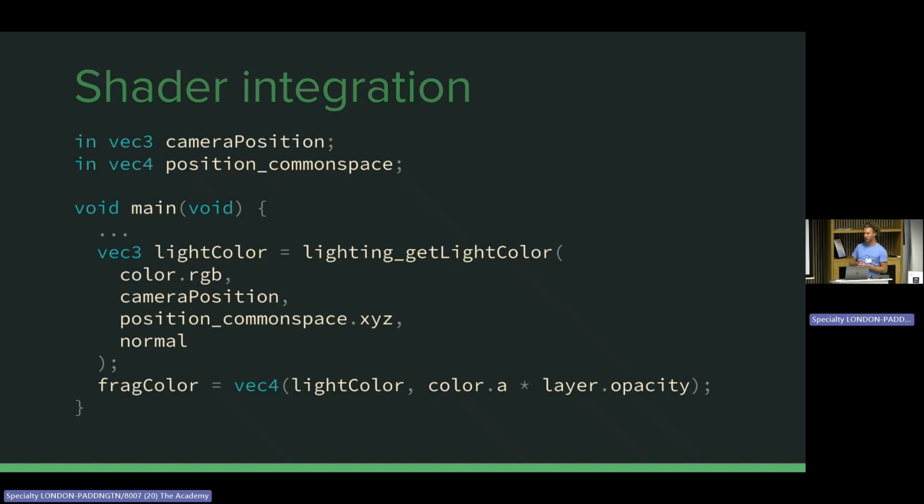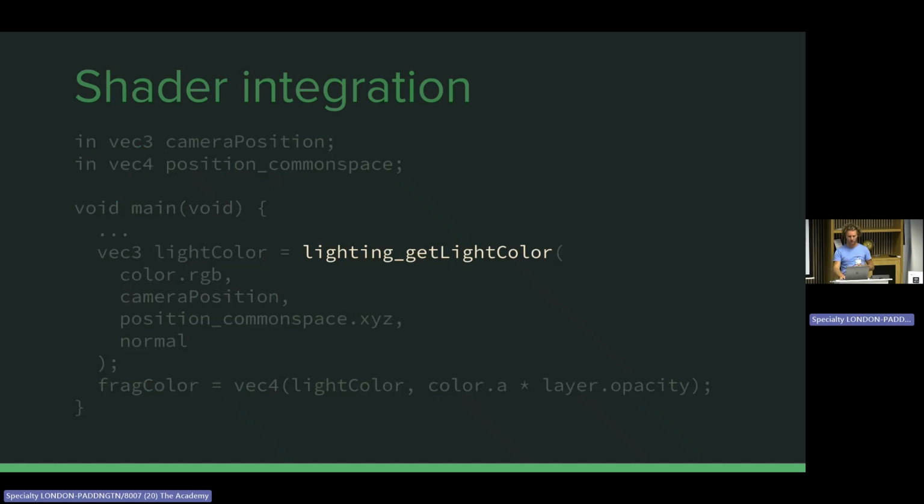We need to pass in a camera position and the position in common space of this model, and this is something which is already being passed into most shaders. When the layer is finished with its calculations, we just need to call this extra function that's been injected by this module, called lighting get light color, and pass these parameters, and it's going to do its magic and give us a lit model.